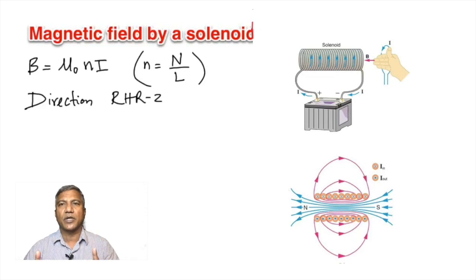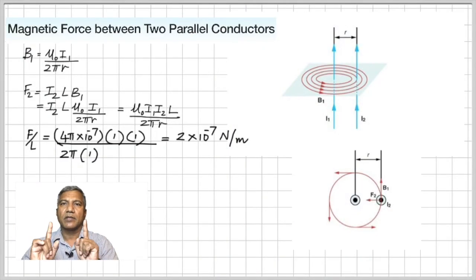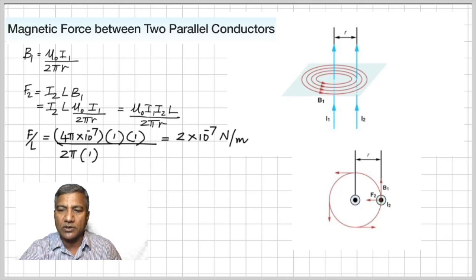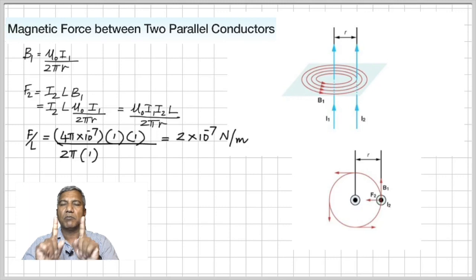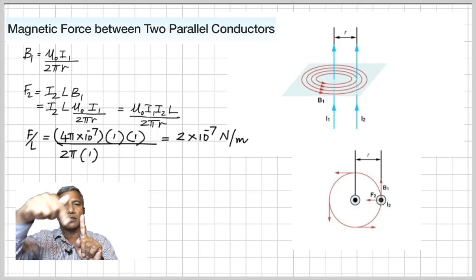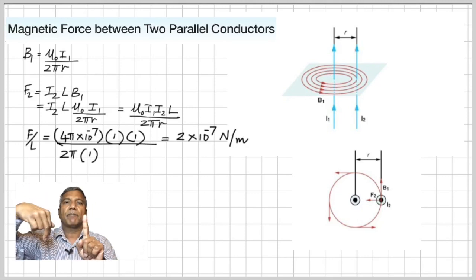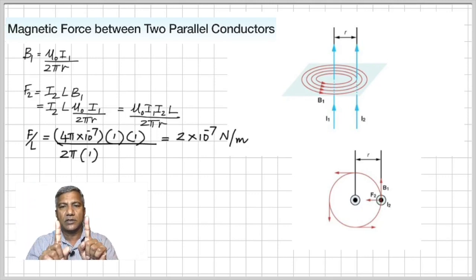Finally, we have a situation where you have two parallel conductors and both are carrying currents. Let's imagine that both the currents are flowing upwards as shown in this diagram. This is a tricky situation because the current flowing through the first one is going to produce a magnetic field all around it, and the second one is situated in that magnetic field.